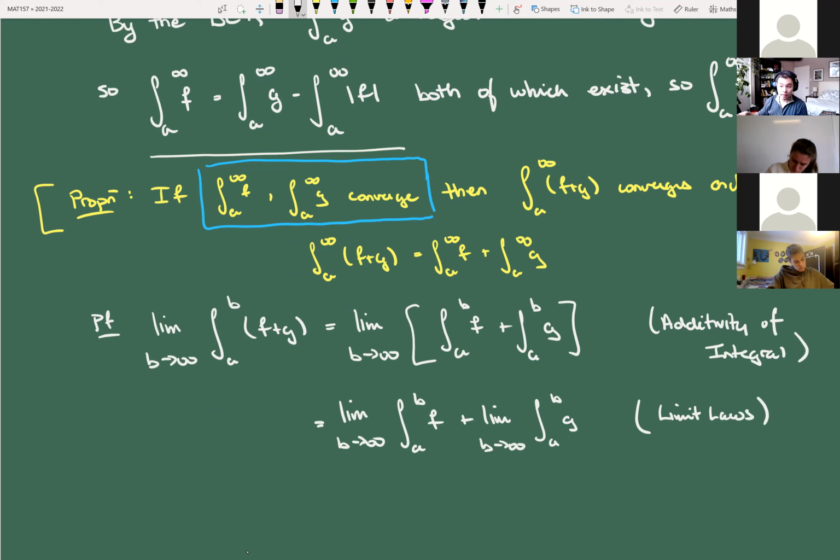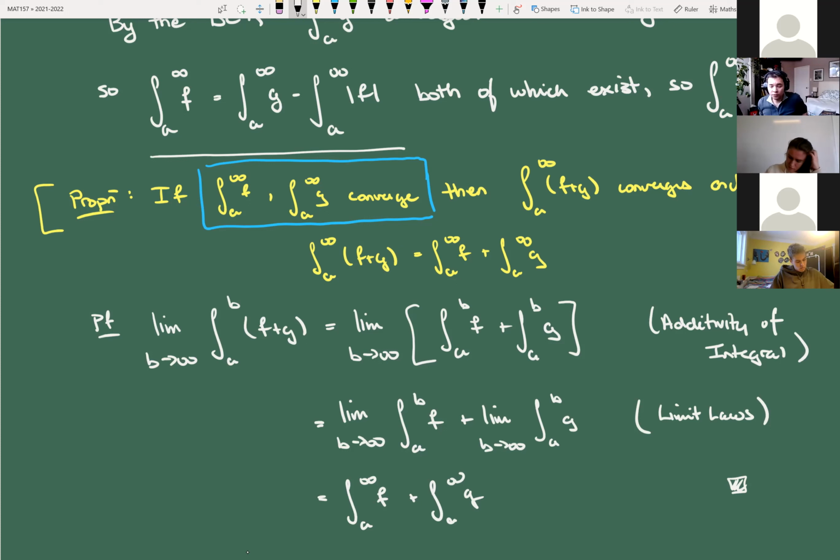And for that one, I need that they both exist, right? And now the whole limit exists and is equal to what we want. So we're done. So I have to use two things there, right? I have to use both this additivity property of the integral and the additivity of the limit if both of the limits exist. So that's kind of where I'm using that.